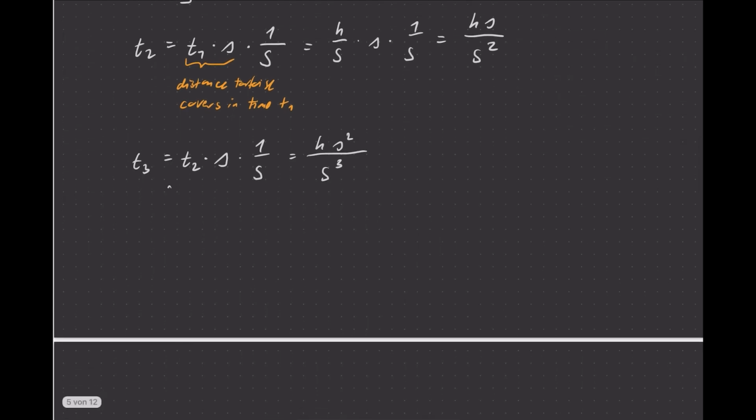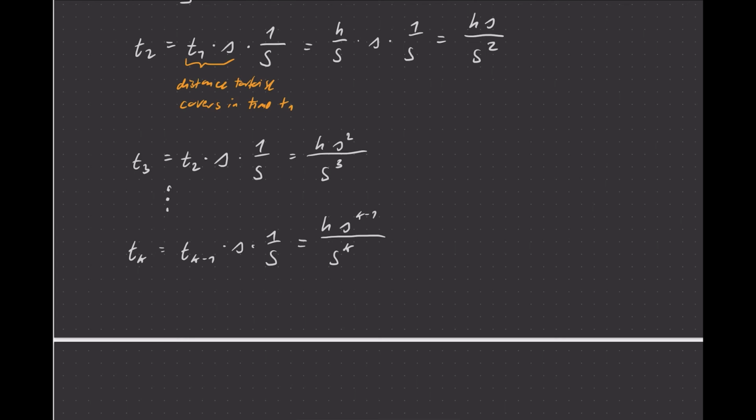And that continues in the same way. So the general expression is the time that Achilles needs to cover the distance to point k is the time tk minus 1 times small s times 1 over capital S. And that now is the same as hs to the power of k minus 1 divided by capital S to the power of k.